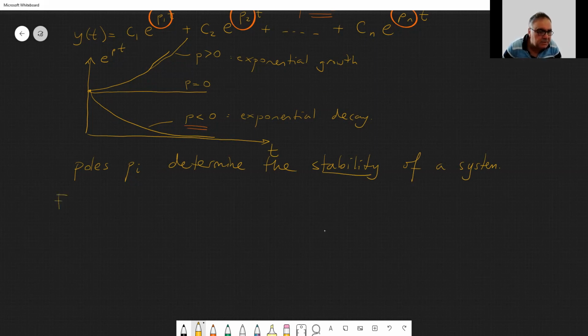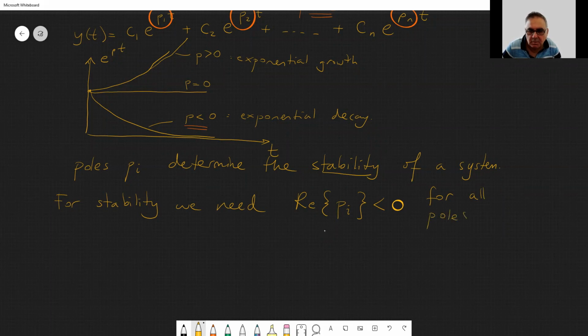For stability, we need the real part of the poles pi to be less than 0 for all poles. Okay?